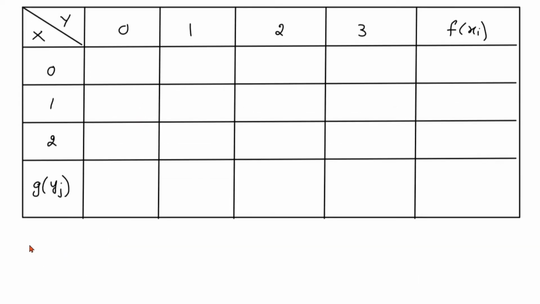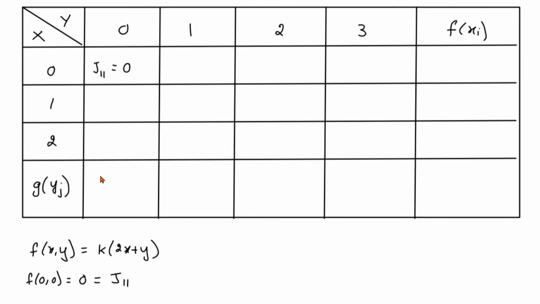First set of values, if I take 0 and 0, it is f of 0 comma 0. If I put x as 0, y as 0, you'll get the value 0. That is nothing but the first value, j11. So we got j11 equal to 0.